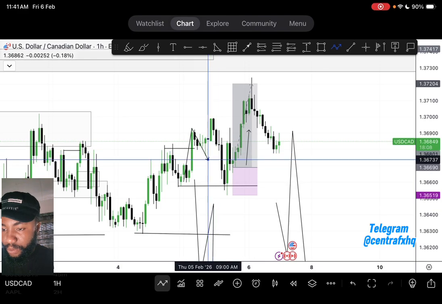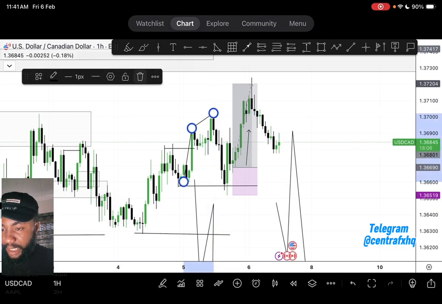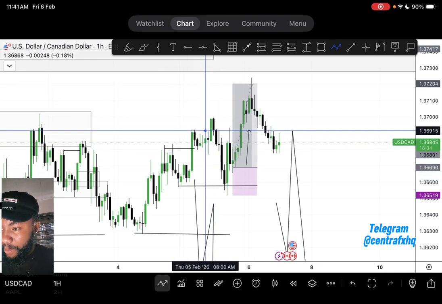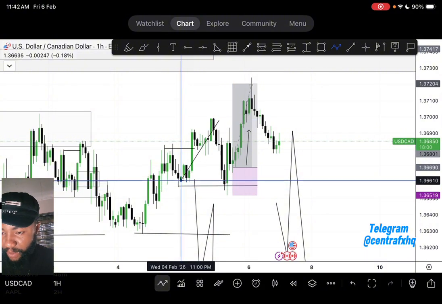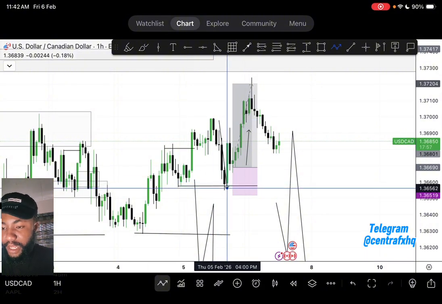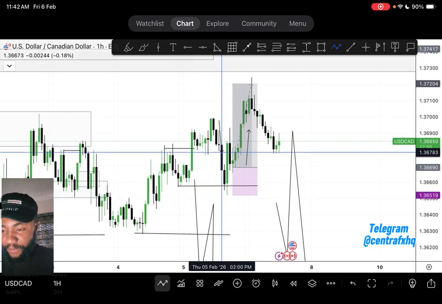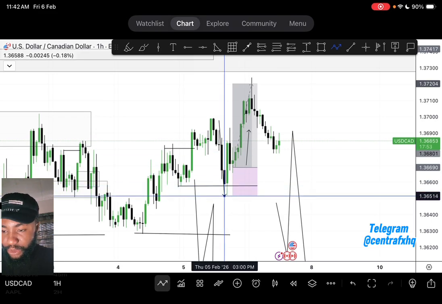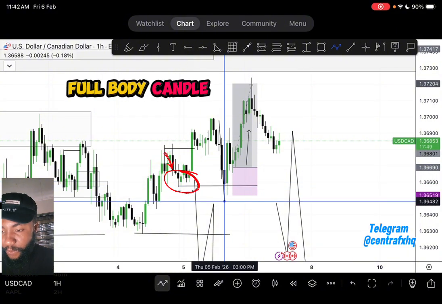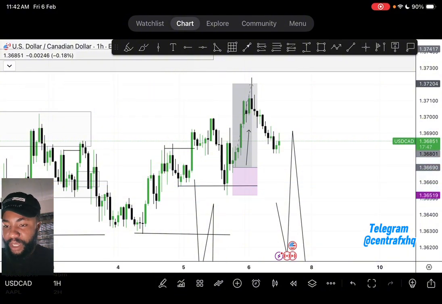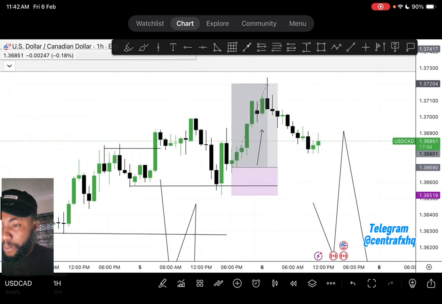When price created this high, I waited for price to retrace back to this zone. This was a key level for me to buy from. If the sellers had succeeded in breaking this low with a full body candle, I would have been looking for a sell opportunity. But here is what price did.